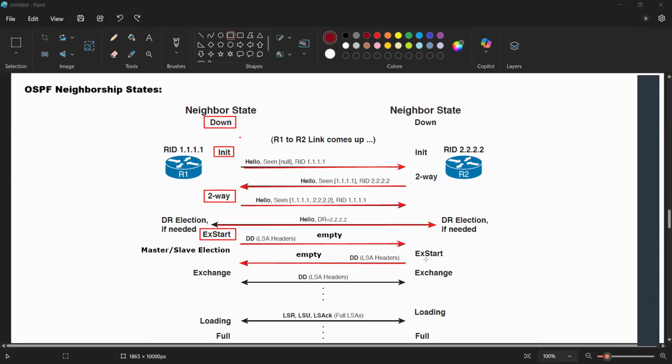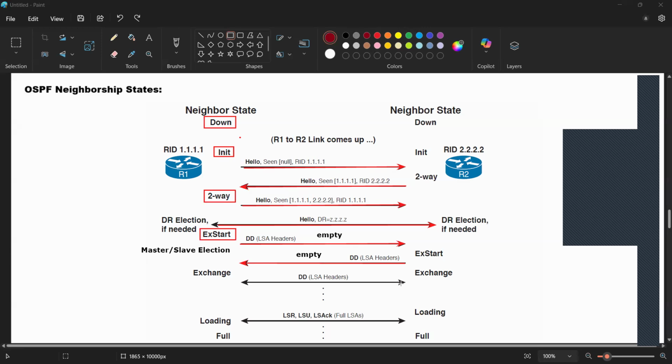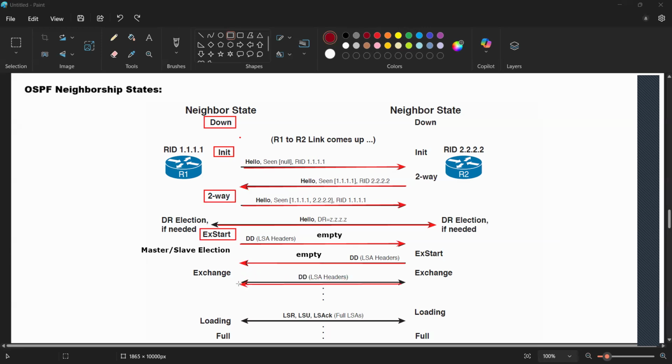Both have changed, right? After that, once they have decided who will become master and who will become slave, the highest router ID will become the master. Say, for example, R2 will become master. Then after that they will start exchanging the database information. That means R2 will share the database to R1 and R1 will share the database to R2.